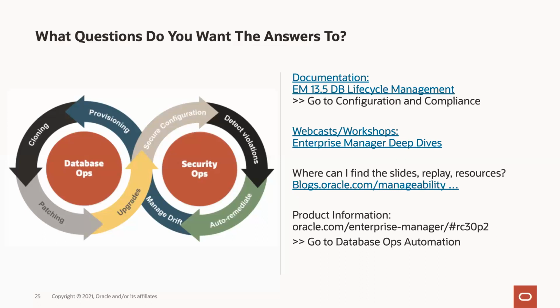If the destination is Exadata, for example, you can move from legacy hardware to new Exadata engineered systems, or you could migrate to Autonomous Database, or you could migrate to DBCS, bare metal VMs.